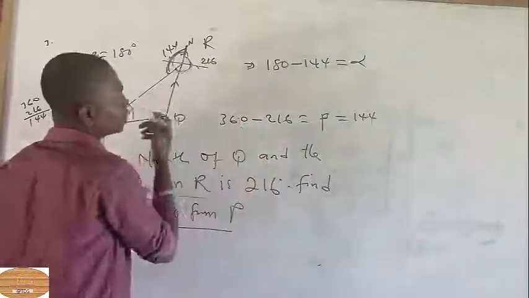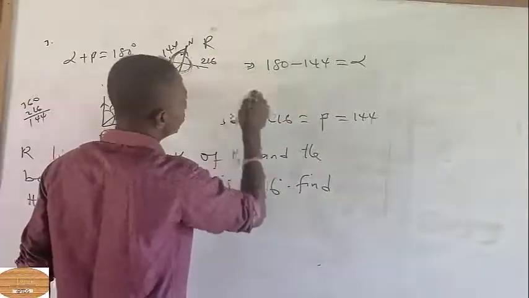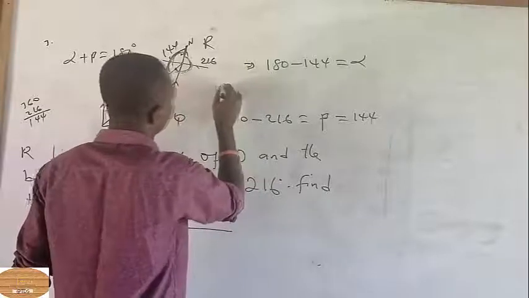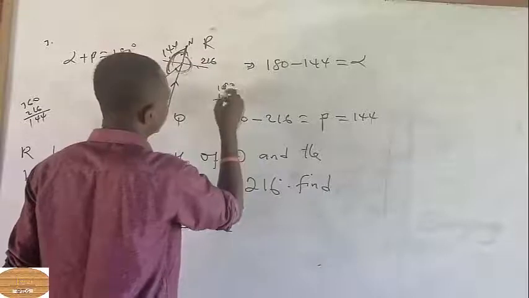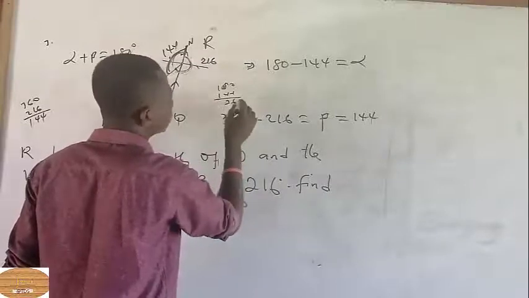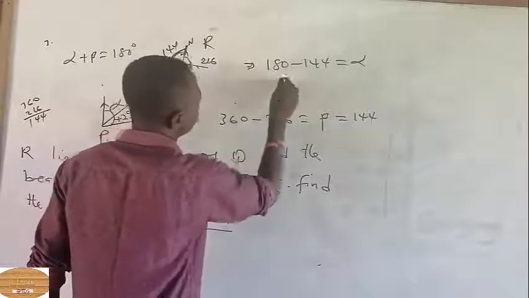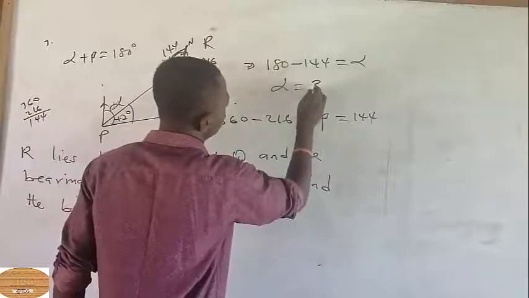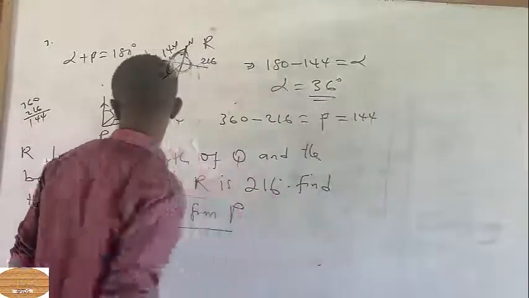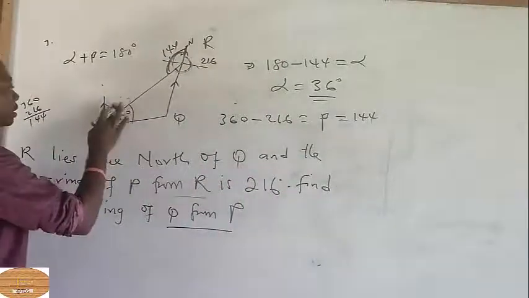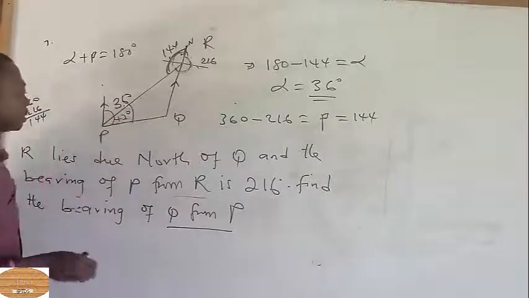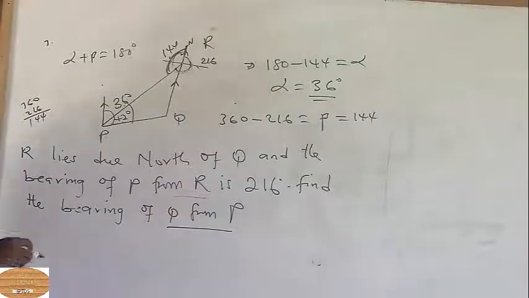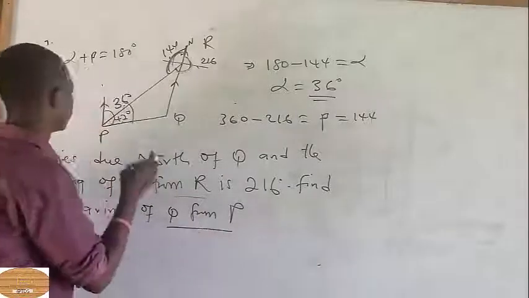So 180 minus 144 is 36. So alpha is straight away 36 degrees. So this side is 36 degrees.